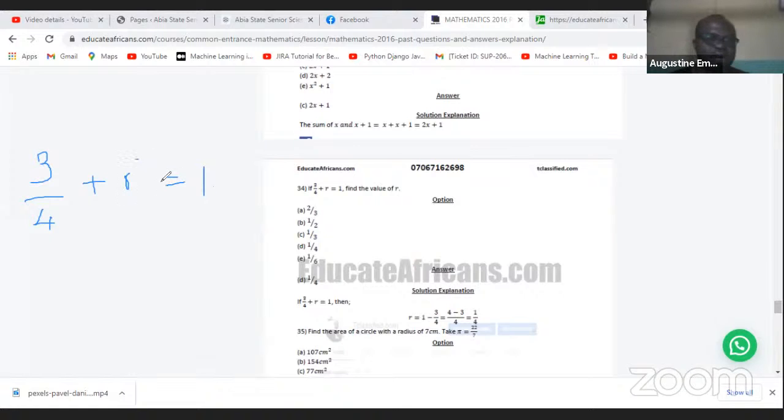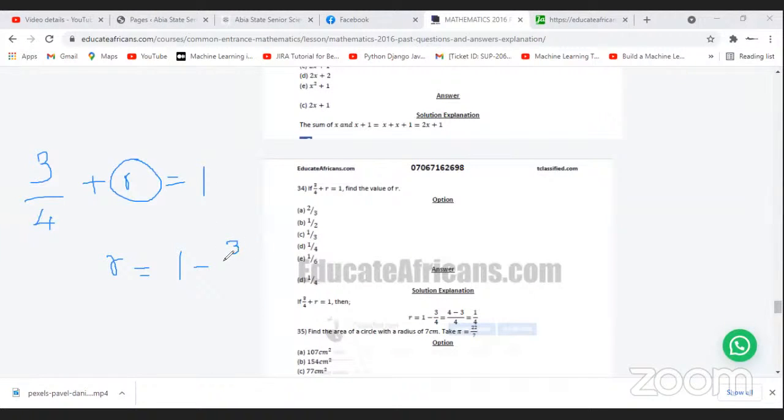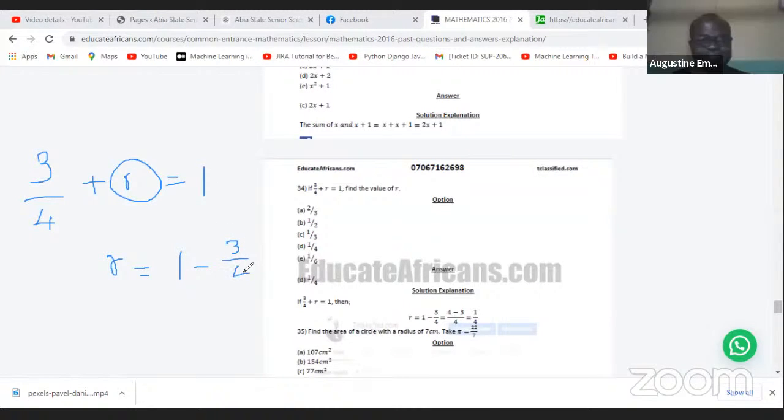So simply make r the subject of the formula by leaving only r on this side and taking everything else to the other side of the equal sign. So we're going to have 1. Then if you take 3 over 4, there's a silent plus here that we don't see. So if you take it over, we're going to have minus 3 all over 4.